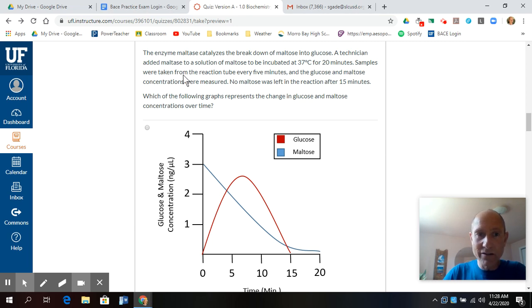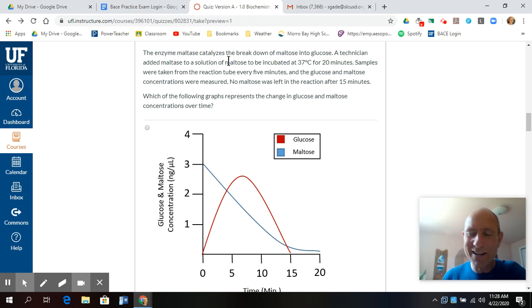Looks like the technician put a bunch of maltose in there. And maltase enzyme breaks down maltose and turns it into glucose. So what should the concentration of maltose be doing over time? That's right. It should be going down.